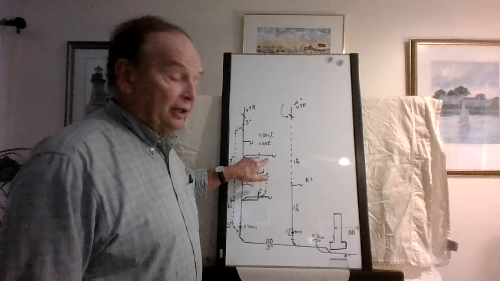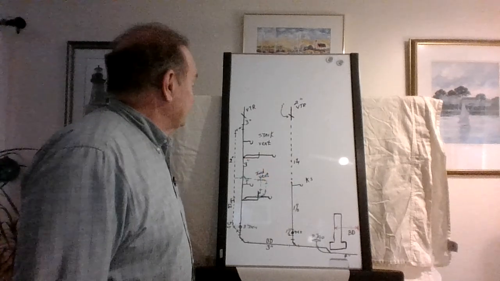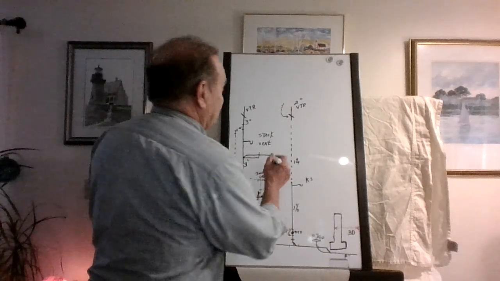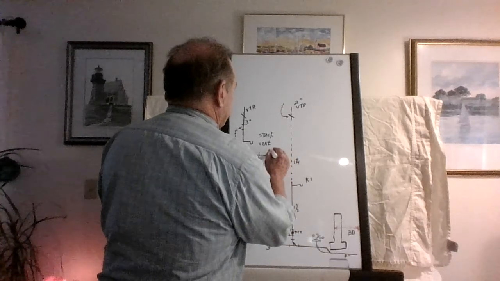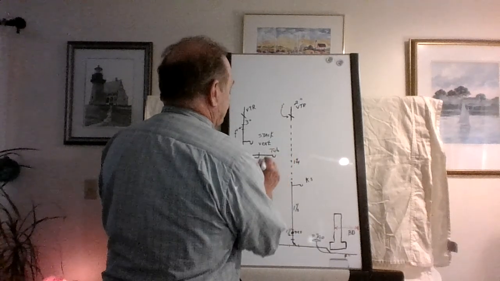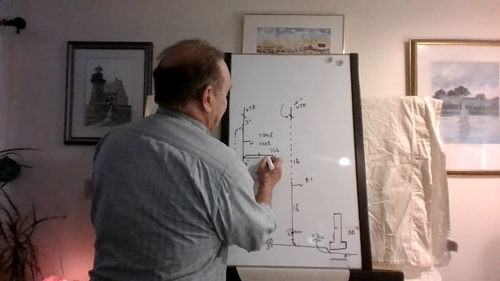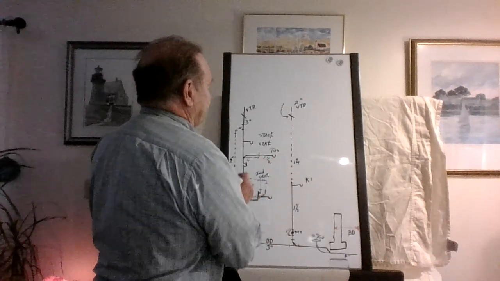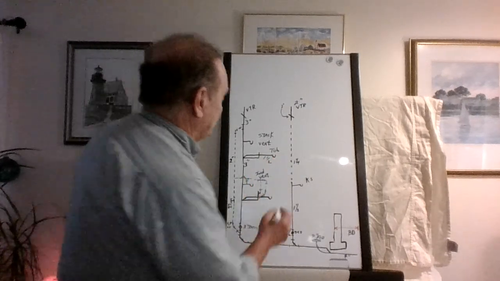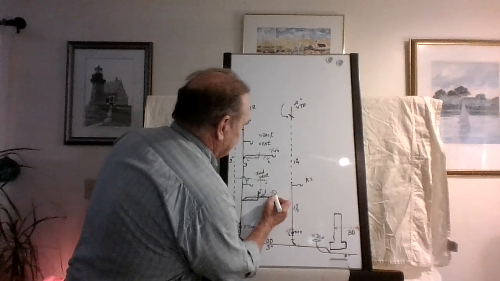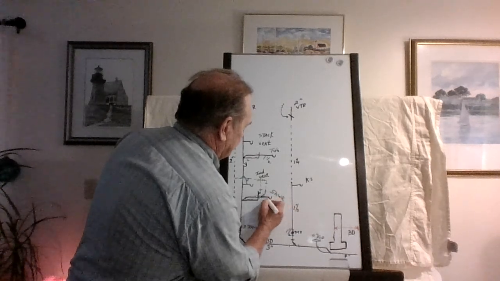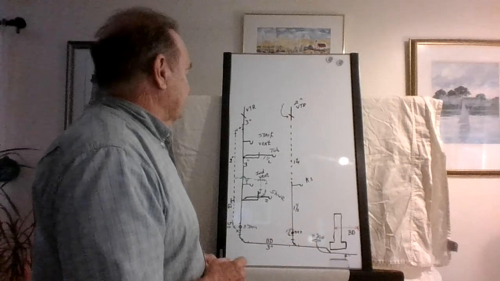If it was a shower, it could be 2 inch. Okay, I'm going to call this a tub, which means that this is a 1.5 inch line right here. And this one, we could call a shower, which means this is a 2 inch line.